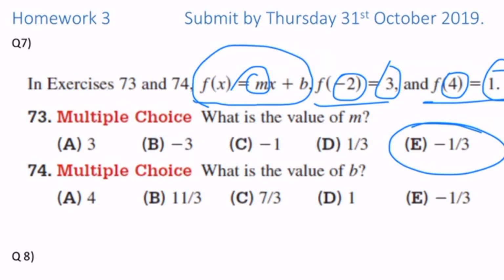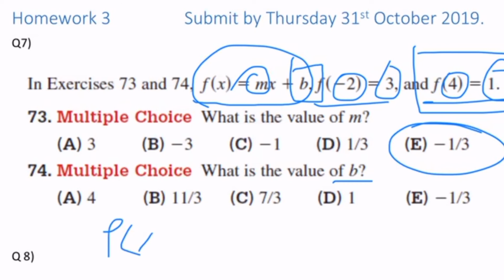Now the next question, what is the value of b, which is this b? Okay, so you can use 1 point, for example, use this one, and substitute in the equation to find b. The equation is going to be like this time, because we found m, which is minus 1 over 3, negative 1 over 3x plus b.